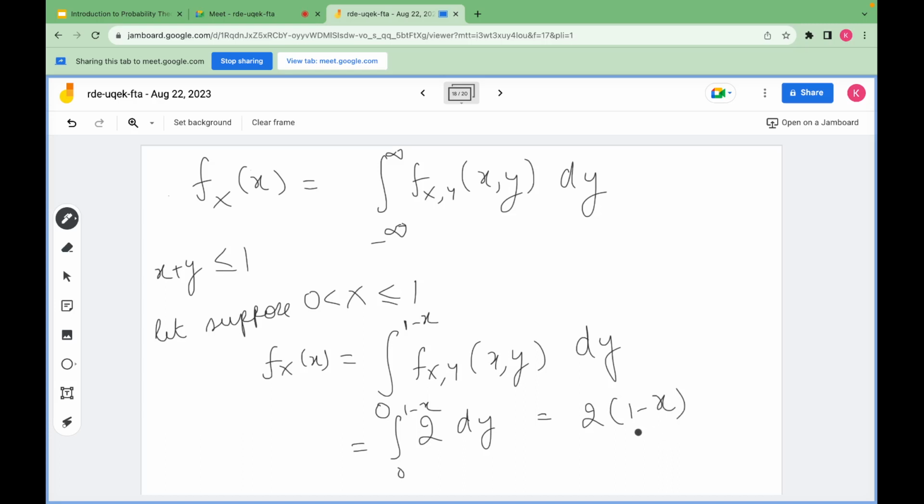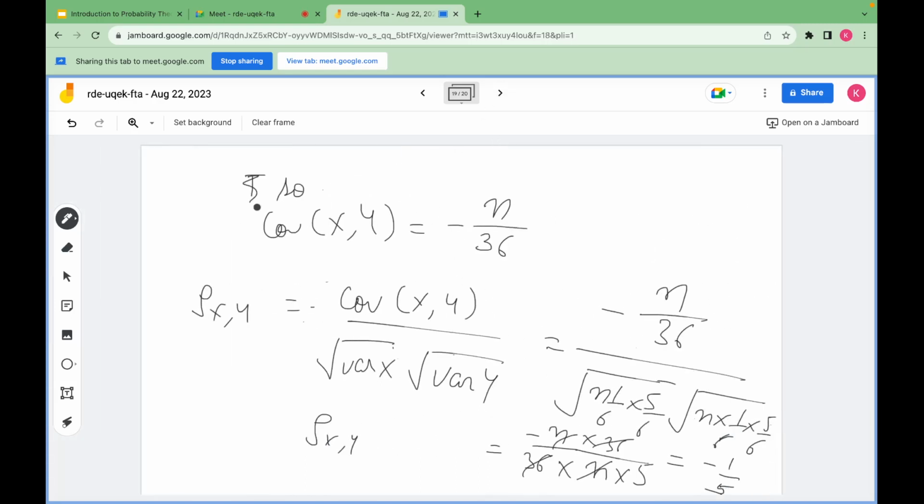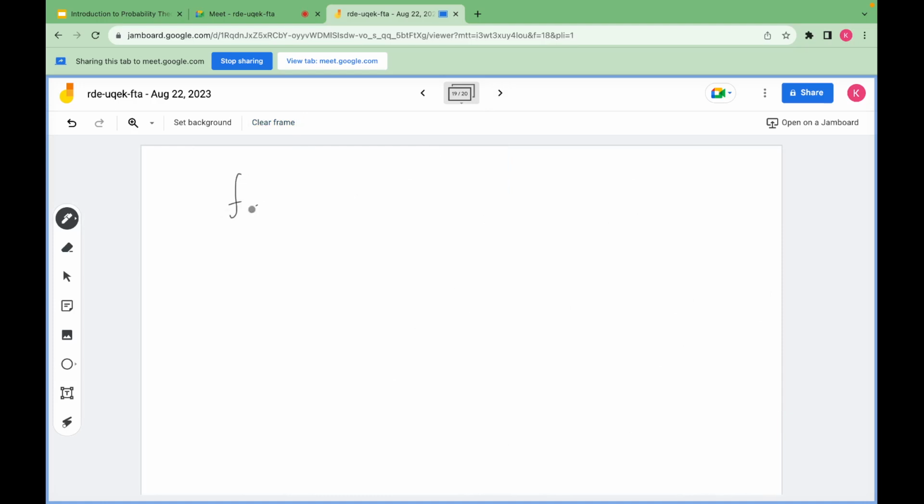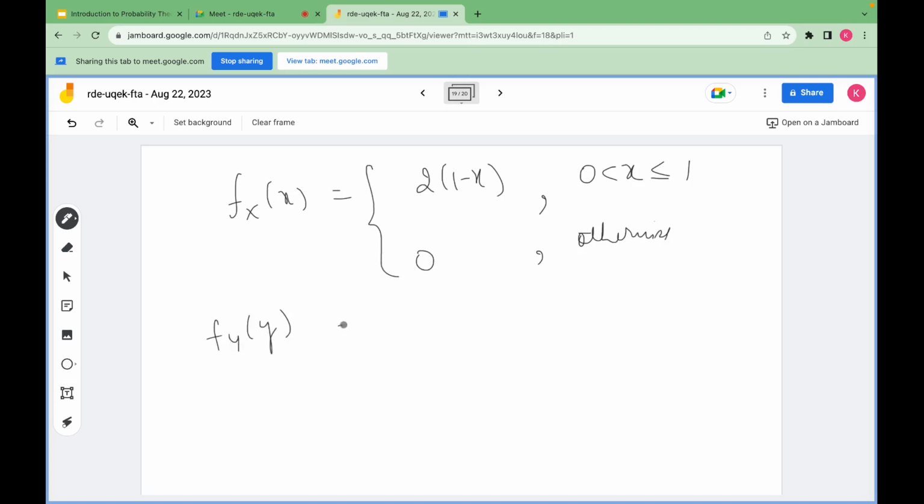Thus f of x is 2 into 1 minus x when x is varying from 0 to 1, and it is 0 otherwise. Similarly, f of y will come out to be 2 into 1 minus y when y is between 0 and 1, and it is 0 otherwise.